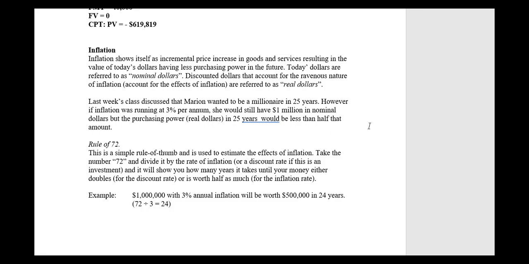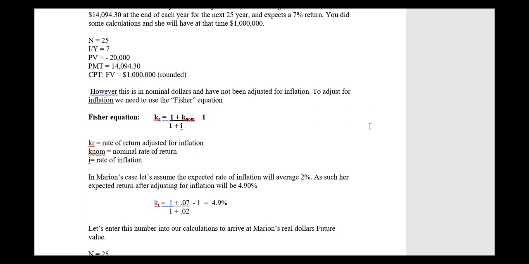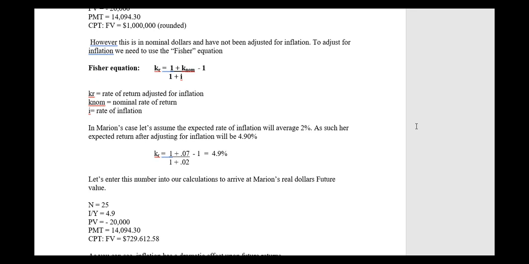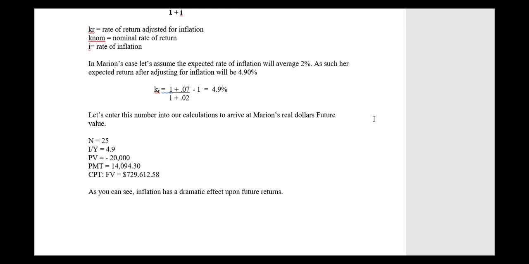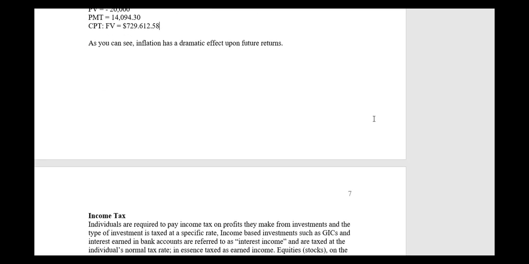So scrolling through the notes a little bit more, we can see here then it's talking about the Fisher equation, and you can see here, KR is the rate of return adjusted for inflation. It equals 1 plus the nominal rate of return divided by 1 plus the rate of inflation minus 1, okay? And this gives you a bit of an example.